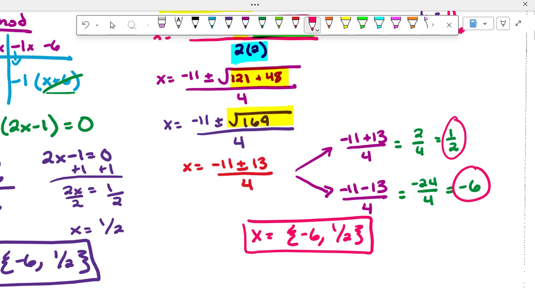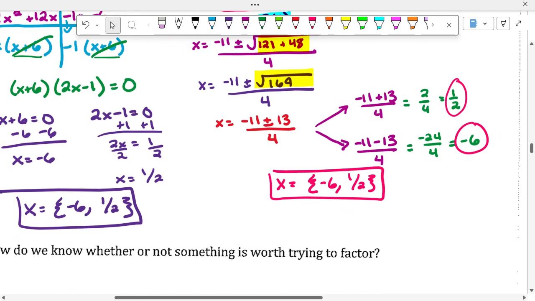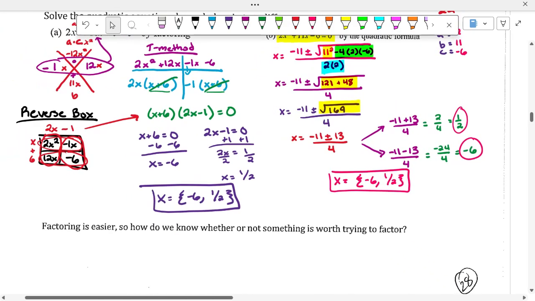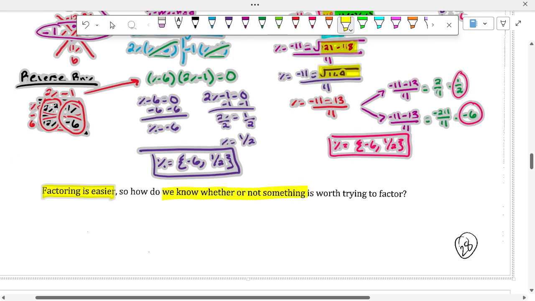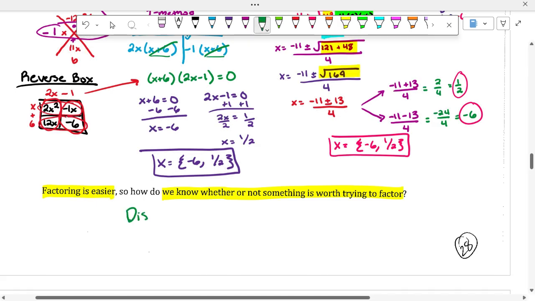So like I said, quadratic formula works for any quadratic, whether it's factorable or not. Now, factoring is definitely easier. But remember, how do we know whether or not something is worth trying to factor? We look at the discriminant.